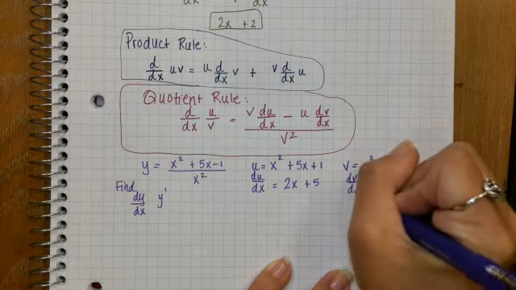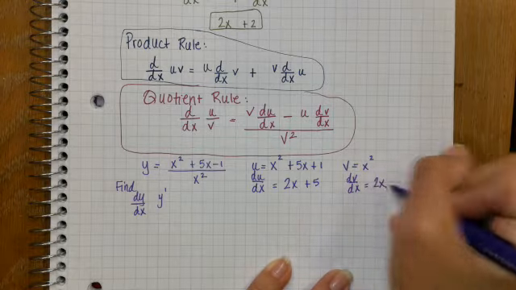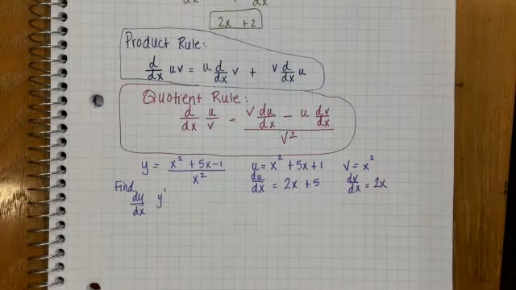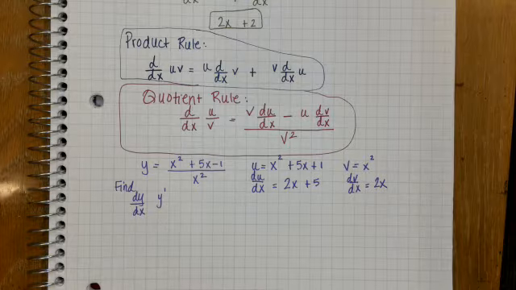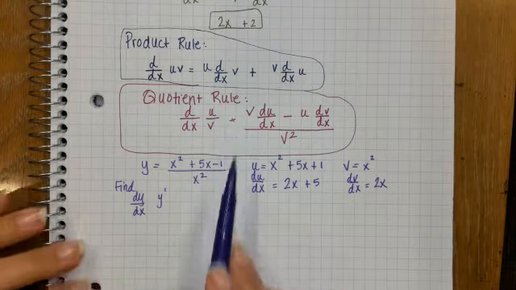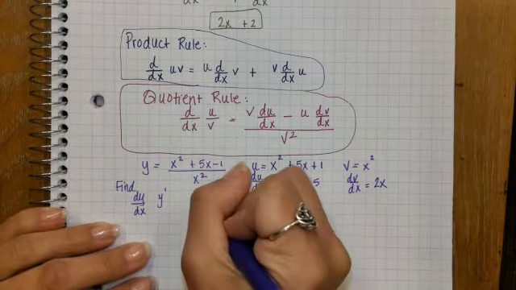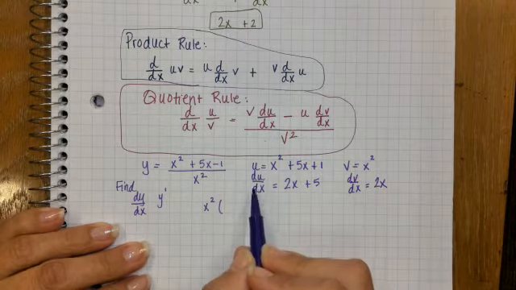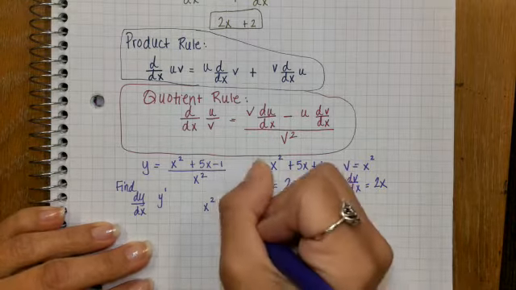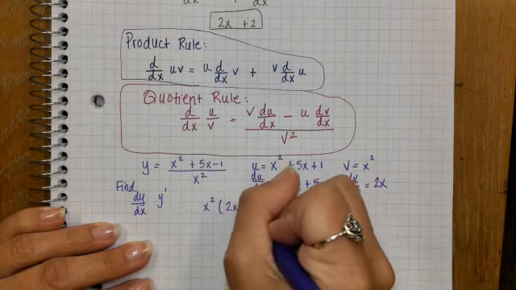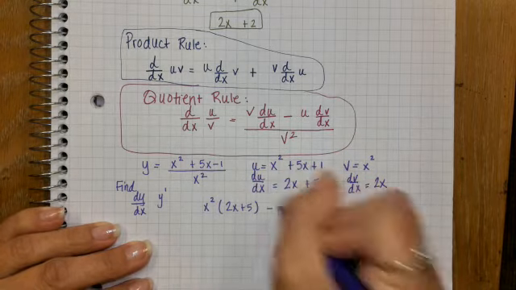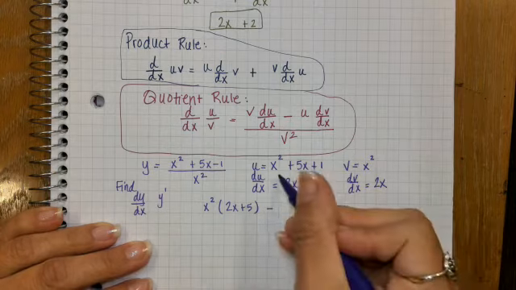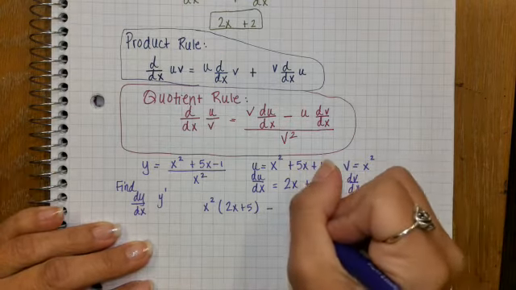dv dx, power rule is 2x. Don't you love the power rule? Oh my gosh. And now I'm going to plug in. And I'm going to be really careful with my signs. Quotient rule says v. v is x squared times the derivative of u, and the derivative of u is 2x plus 5 minus u, x squared plus 5x plus 1.